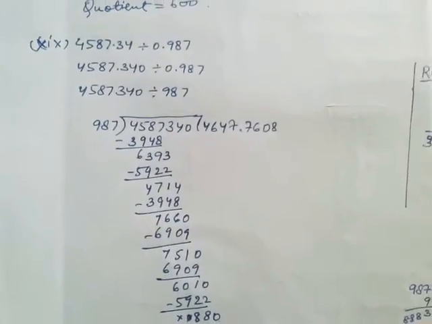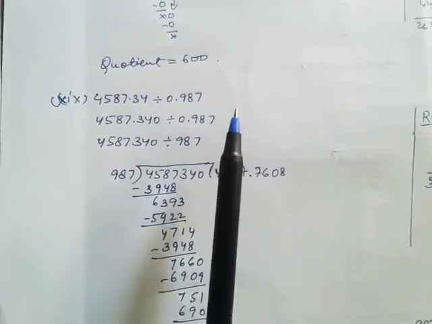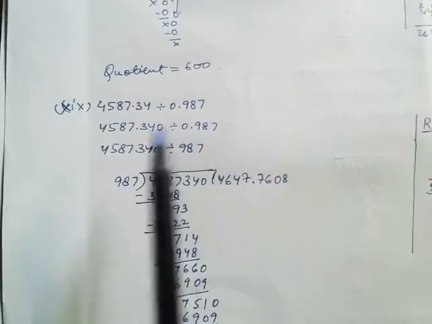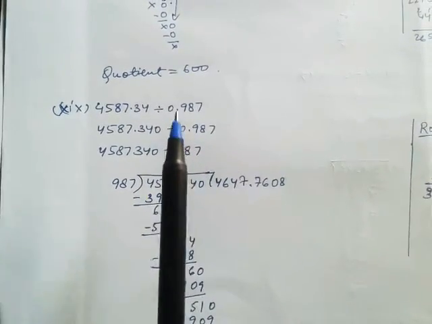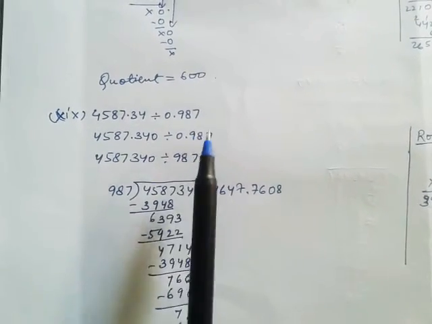Now the ninth question. These two are decimal numbers, so first of all we make these two like decimals. Why are we doing this? For making the divisor a whole number.